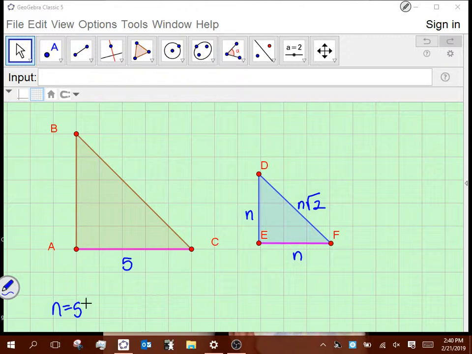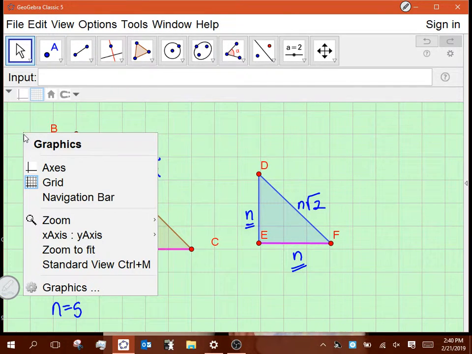Not a really interesting equation because it's already solved for, right? But now that I know n is 5, can I come up here, okay, that side was n, so they're saying this side is n as well. When I put that blue template on top of this one, doesn't that become 5? And then doesn't my hypotenuse, for the same reason, become 5 radical 2? Does that make sense to everybody? Okay.